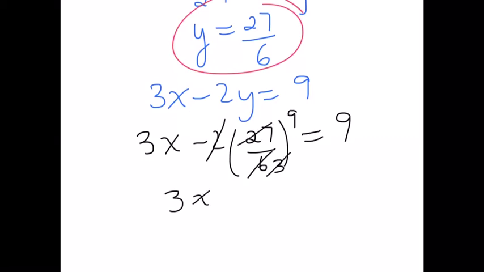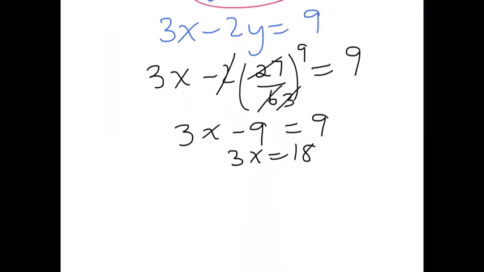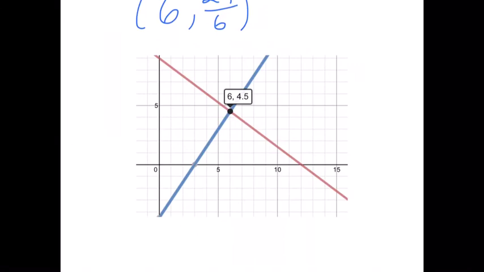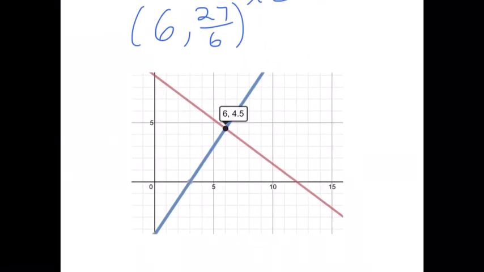Aha. 3x minus 9 equals 9. 3x equals 18, and x equals 6. So the point of intersection is 6 and 27 over 6. Sometimes that's just how the cookie crumbles. Let's have a look at the graph. All right, there you have it. (6, 4.5), which is the same as 27 divided by 6. So it may not be pretty, but that's the answer.